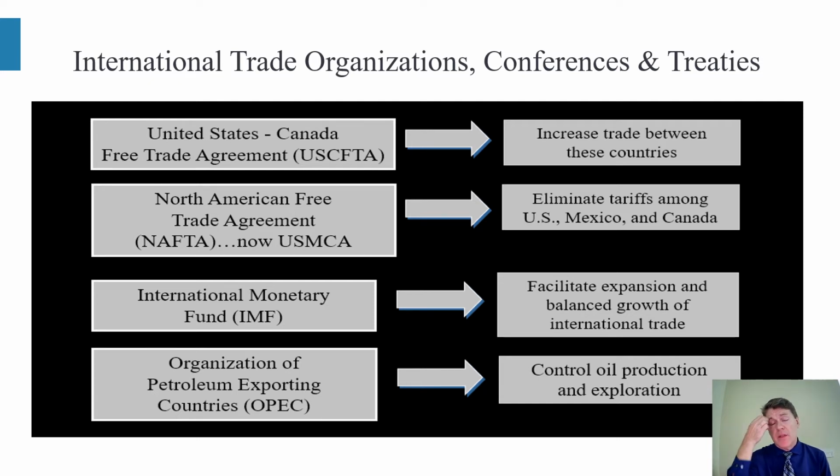Now, the free trade agreement that we have here in North America is a little bit different from the European Union, in that the European Union does allow for the free movement of people, and so for us, we have not gone quite that far. We still have border controls, so that we want to try and regulate the flow of people that come into the U.S., whether it be from Canada or from Mexico.